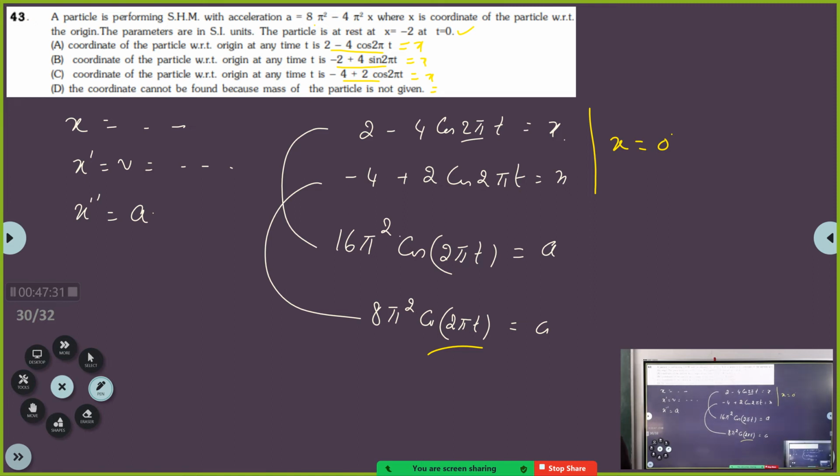But they are given at t equal to 0, x equal to minus 2. Come on, I'll give you enough hint. Take it and do. x is equal to minus 2 at t is equal to 0. Yes. So at t is equal to 0 means cos 0.